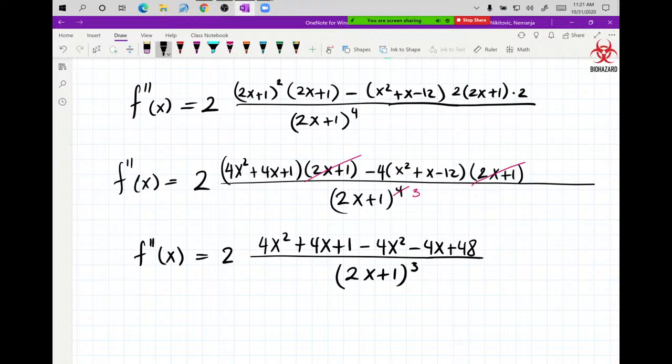You see that? 4x squared, negative 4x squared, 4x, and negative 4x gone. So it's just 49 over, 49 times 2, right? It's 96. No, 49, it's 98 over (2x plus 1) cubed.